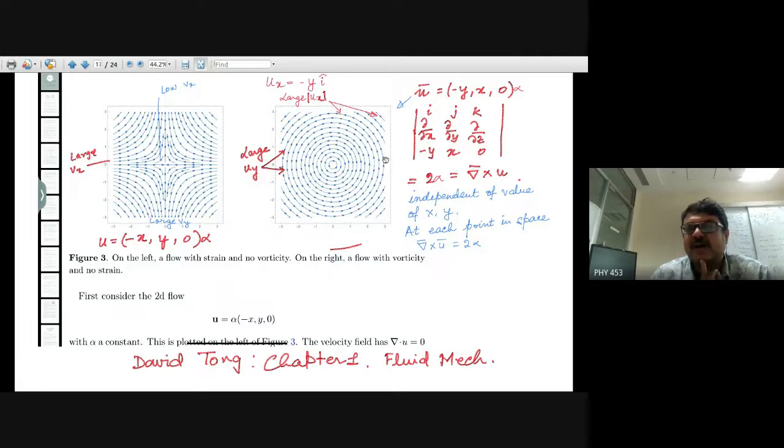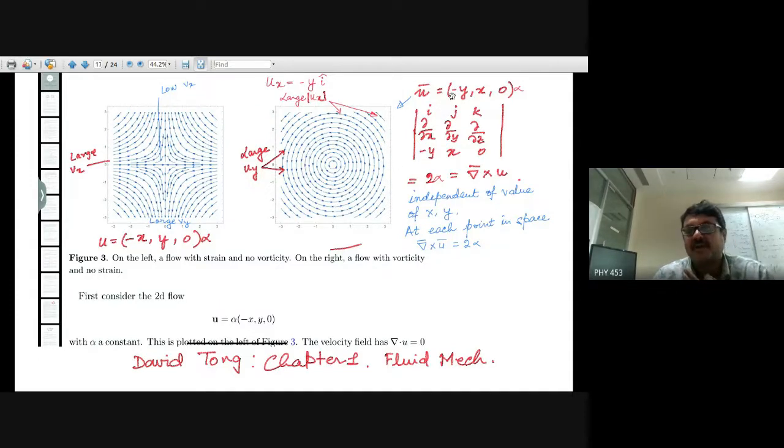So the value of uy at this point is high. But here ux is 0. This is purely in the y direction. That's what it says here. The uy has a finite value, and that depends upon the value of x.